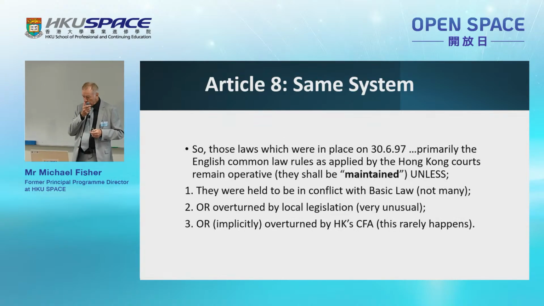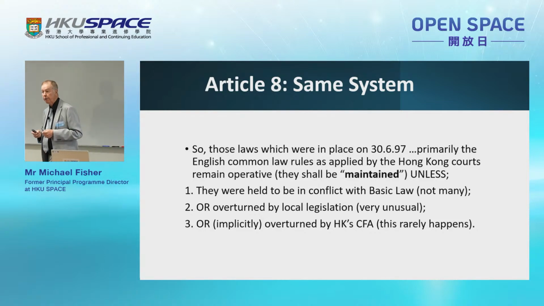So those laws which were in place on the 30th of June 1997, primarily the English common law rules as applied by the Hong Kong courts, remain operative. They shall be maintained unless they were held to be in conflict with the Basic Law. This happened in one or two cases.